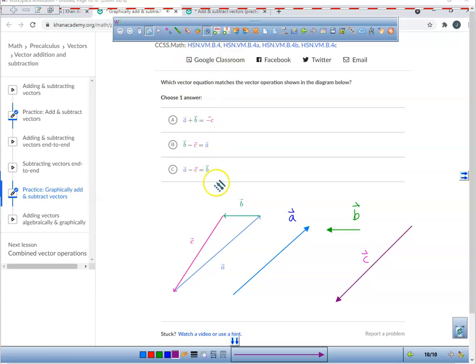B minus C. So minus C, if C goes down, minus C would go up. Is that equal to A, which goes down?